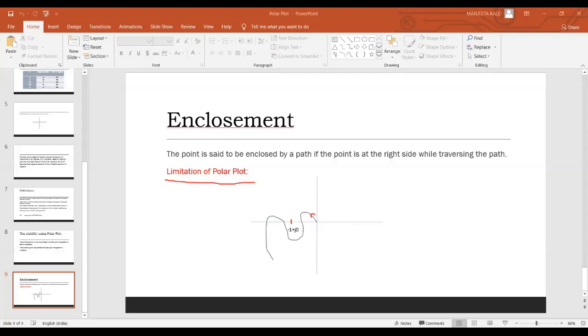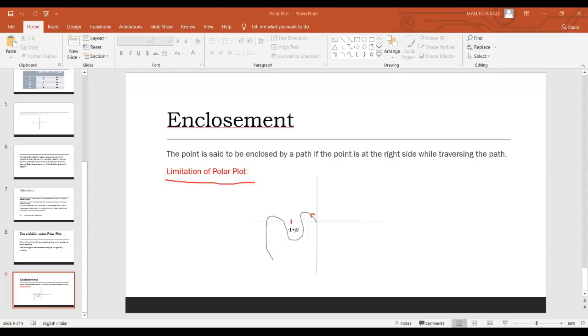Then we revisited the definitions of gain margin, phase margin, gain crossover and phase crossover. Then we saw how to locate omega GC and omega PC on a polar plot. Omega GC is located as the point of intersection between the unit circle and the polar plot, and omega PC is the point of intersection of the polar plot with the negative real axis.